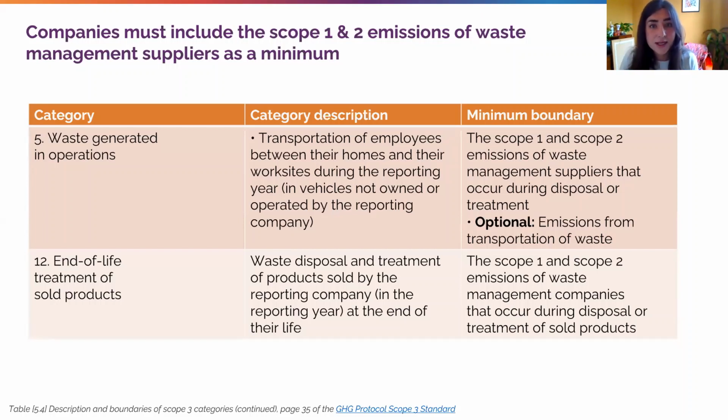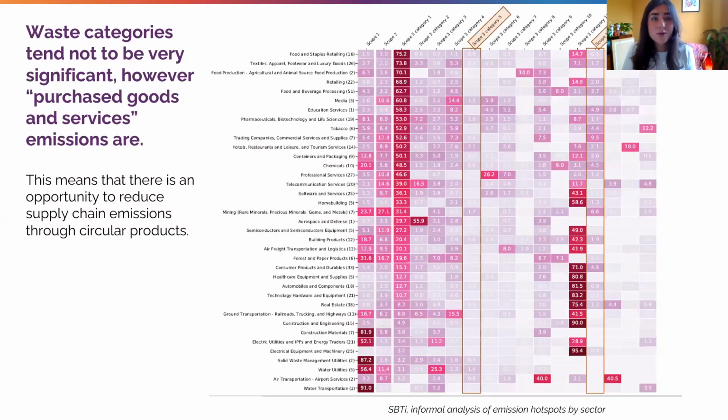However, if we go on to the next slide, what we see here is that for most sectors, it's a very small image, so you have to squint slightly, but what it shows is emissions broken down by category for scope 3 by sector. So it's a hotspot analysis that the SBTi has done.